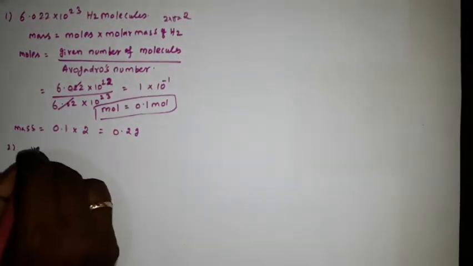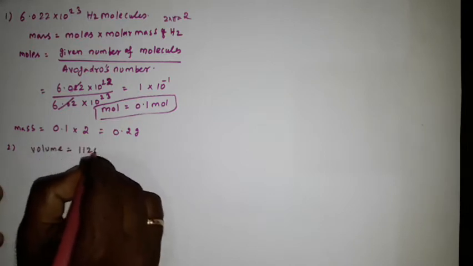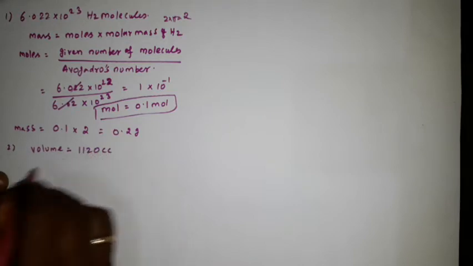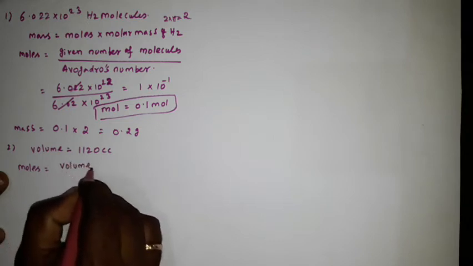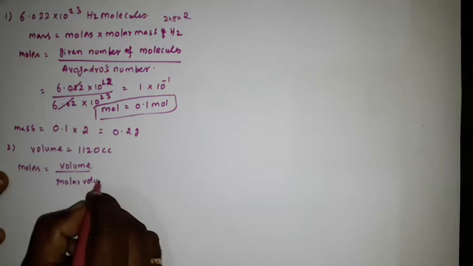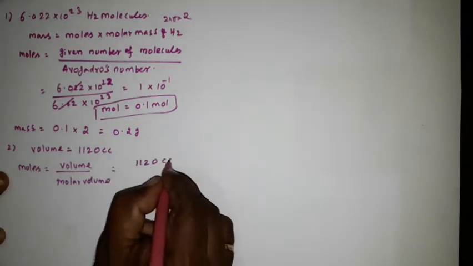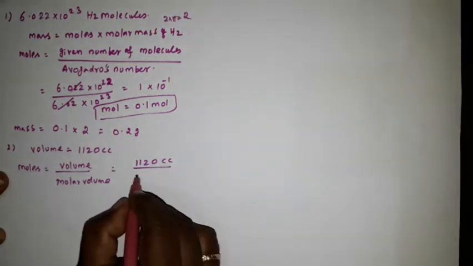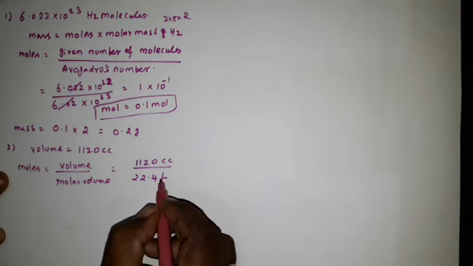volume is given. Volume is equal 1120 centimeter cube. To find out number of moles, if volume is given, volume divided by molar volume. Okay, here volume is 1120 cc divided by, actually molar volume we have studied 22.4 liters.